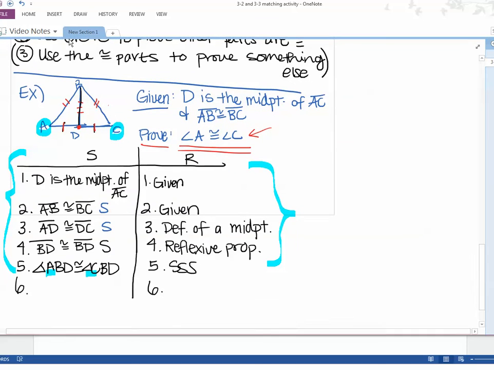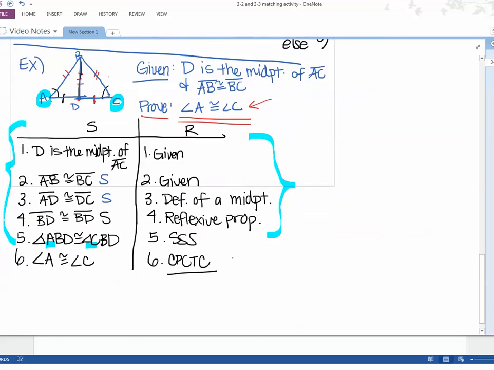So we're trying to prove that angle A and angle C are congruent. Now that we have established that we have two congruent triangles, we can say that the other parts on those triangles are congruent. So A is congruent to C, and this is where we would use CPCTC. Although in Math Excel, it'll actually write out the whole thing. It'll just be like a drop-down menu, so you don't have to type anything.